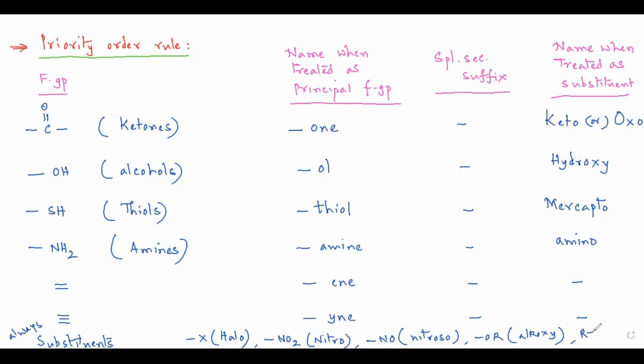Then finally, alkyl groups. See, these are ethers, alkoxy, OR, halo, nitro, nitroso, alkoxy and alkyl. These are always substituents type. They are always written at the secondary prefix area. Okay. So this is all about the priority order rule.